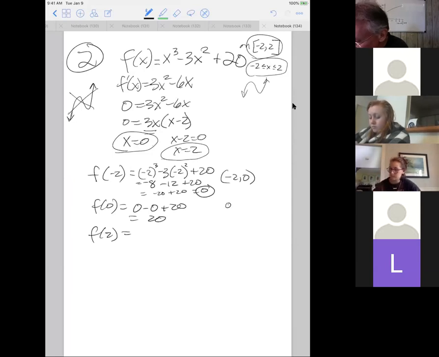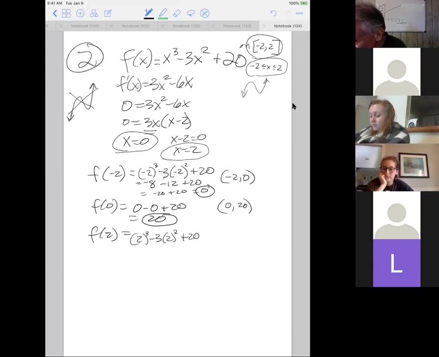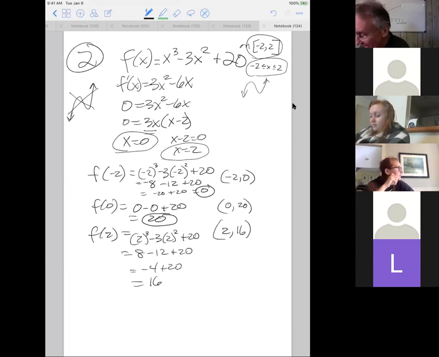So we've got (0, 20). That is our second value. It's the biggest one so far. Let's see what we get here. 2 cubed minus 3 times 2 squared plus 20 equals 8 minus 12 plus 20, which is -4 plus 20, equals 16. So we've got (2, 16). The maximum value is here, the minimum value is here.